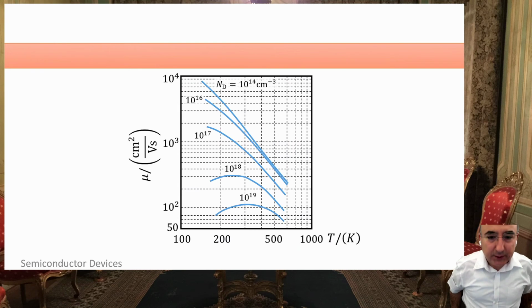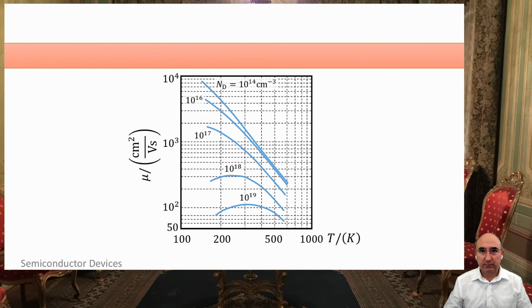Now let's talk about current density. I want to compare the effect, so it is proportional. The electron drift current is proportional to the density of electrons, you know.